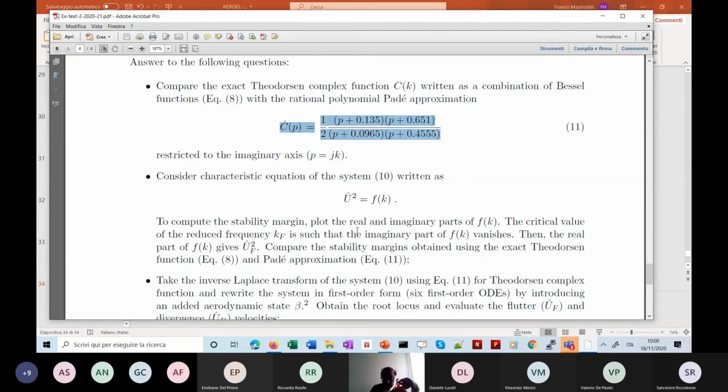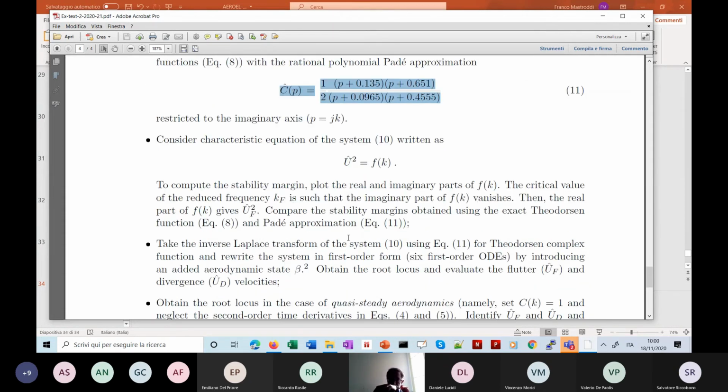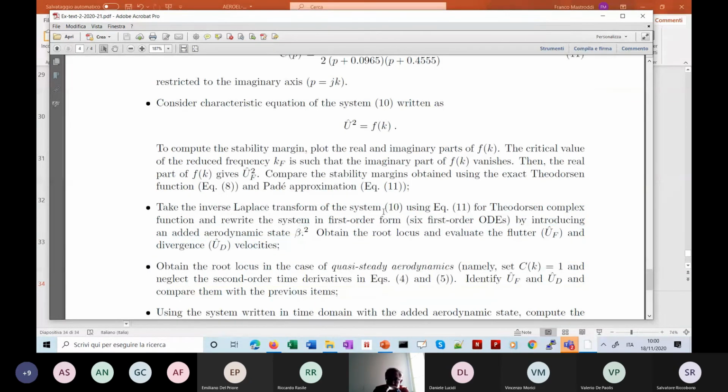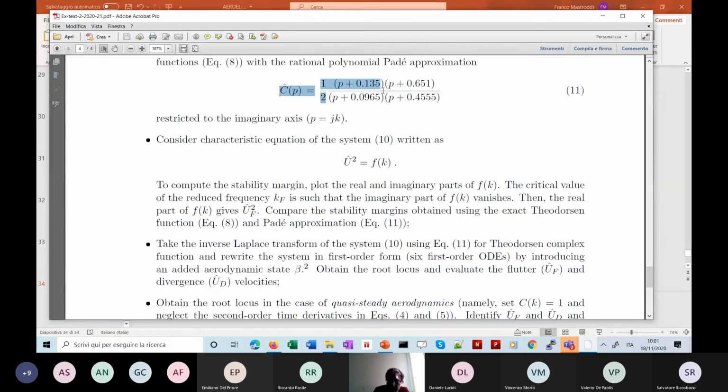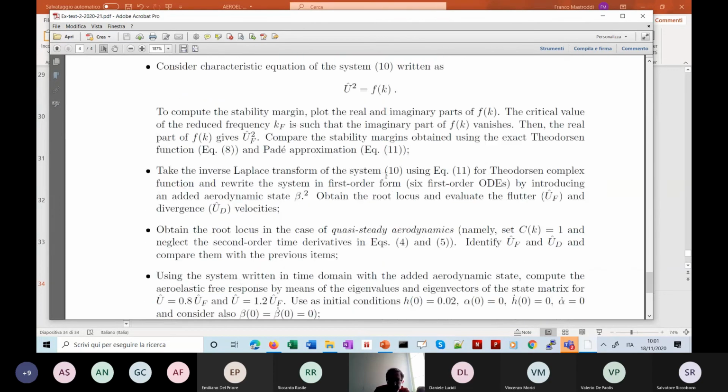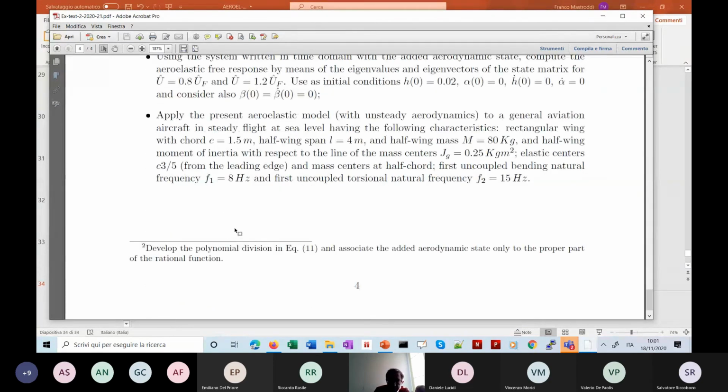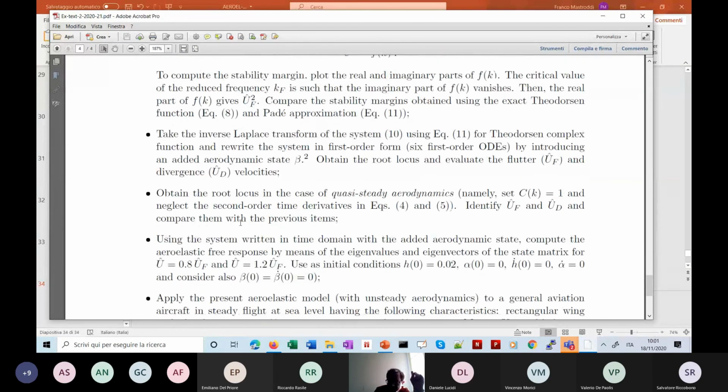Okay, but now you are also able to transform your system into a state space form, considering this approximation, putting this approximation in the system and defining a new state space variable. Pay attention.